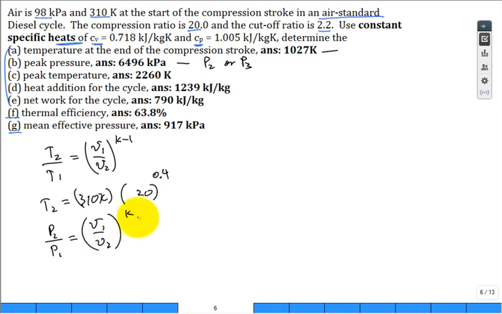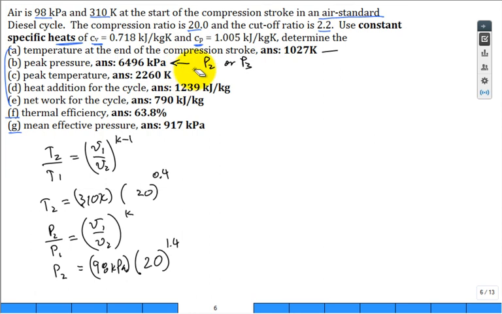Yeah, and so we would put in here that the pressure at the end of the compression stroke is the pressure at the beginning, 98 kilopascal, times the compression ratio 20 to the 1.4. How many people have a calculator? Do you verify that that is 6,496 kilopascal? 1, 2, 3, 4, 5. Perfect. Good. 6. Thank you. All right. So now we're pressing on.